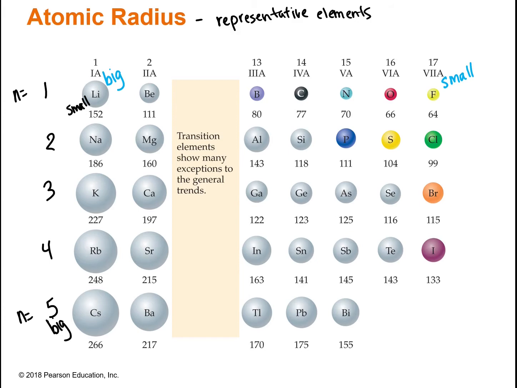However, going across a period, we did not cover. As you add more protons, which is what you're doing as you're going across the periodic table, you're adding protons, but you are not adding energy levels.